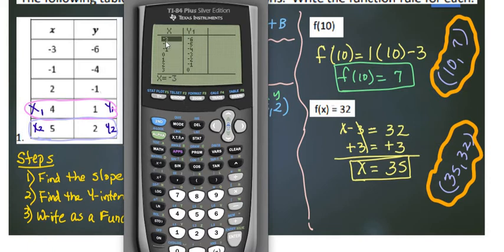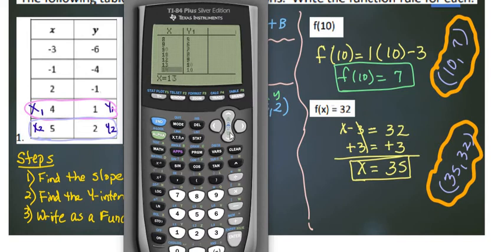So I see I have a negative 3, negative 6, matches up. Negative 1, negative 4, matches. 2, negative 1 matches. And then I have 5, 2 matches. Now I'm going to go over here to 10 and 7. So I'm going to go down here to 10, and then I see that it does match.